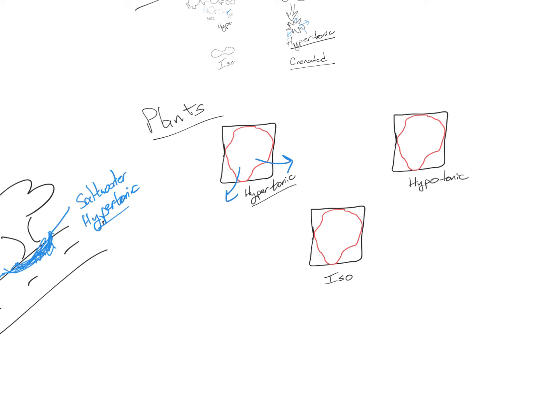Or you can think of it as going from water's high to water's low, because if this is hypertonic, that means there's a high solute or a low solvent. And the solvent is water. Hypo is in here, and that means it's low solute, or high water.